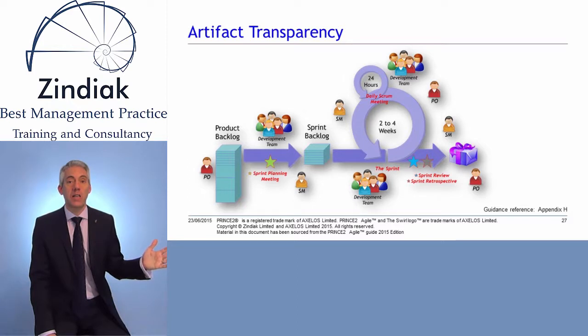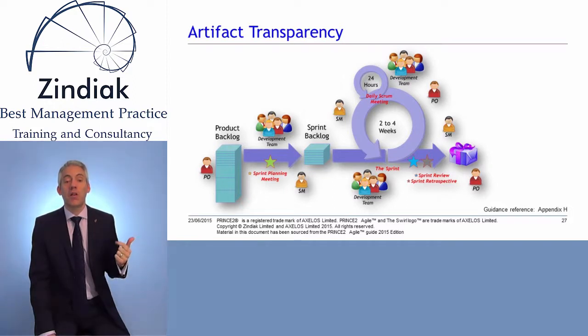Throughout the process, the Scrum Master aids the development team with the use of Scrum. And throughout the sprint, the product owner is there to provide guidance on business priorities within the sprint backlog.